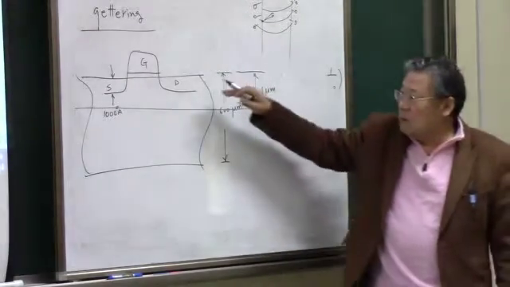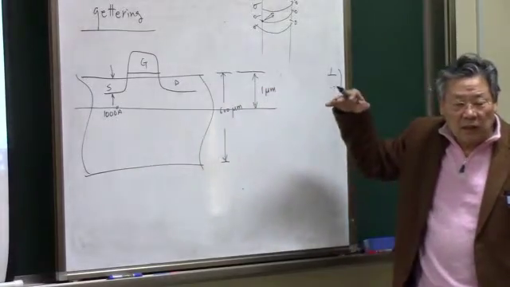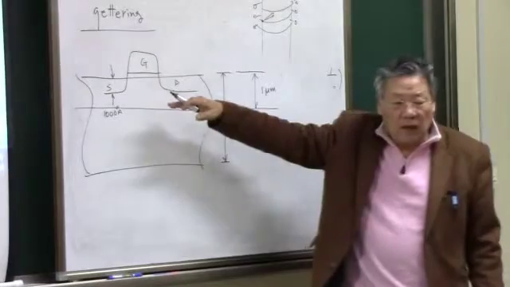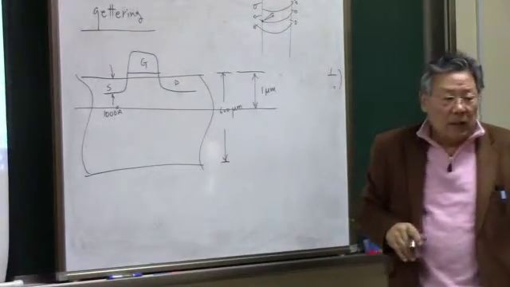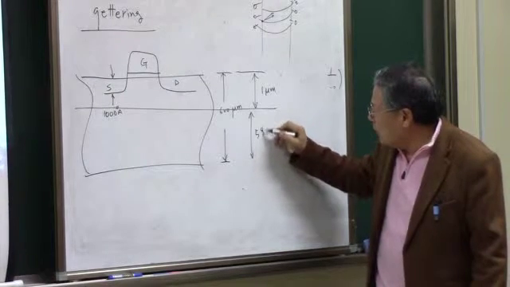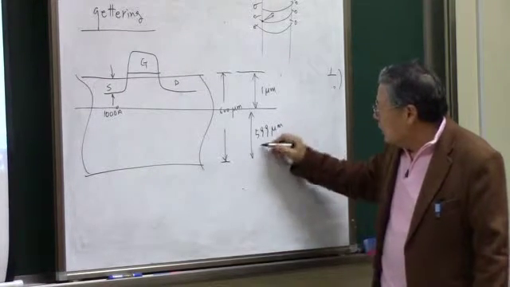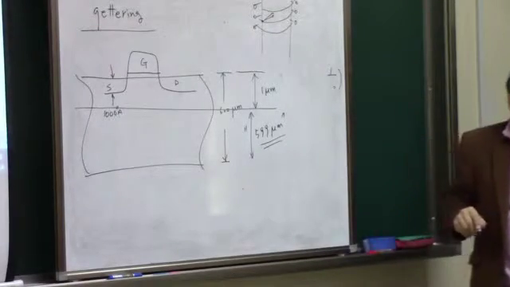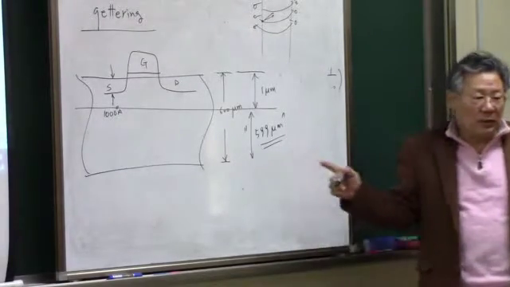We just build the transistors using the top 1 micron thick surface of the 600 micron silicon wafer. And the rest, 599 microns, we do not use as a single crystal. We just use this as a substrate.